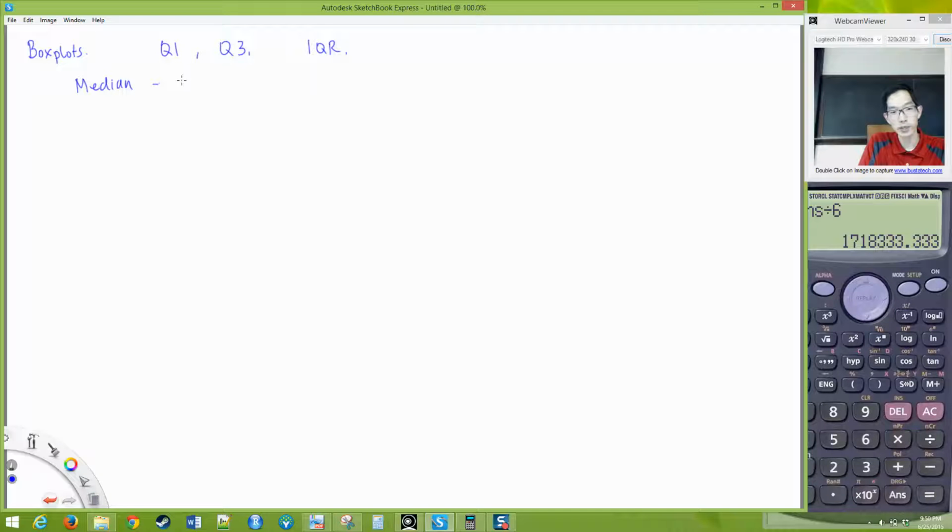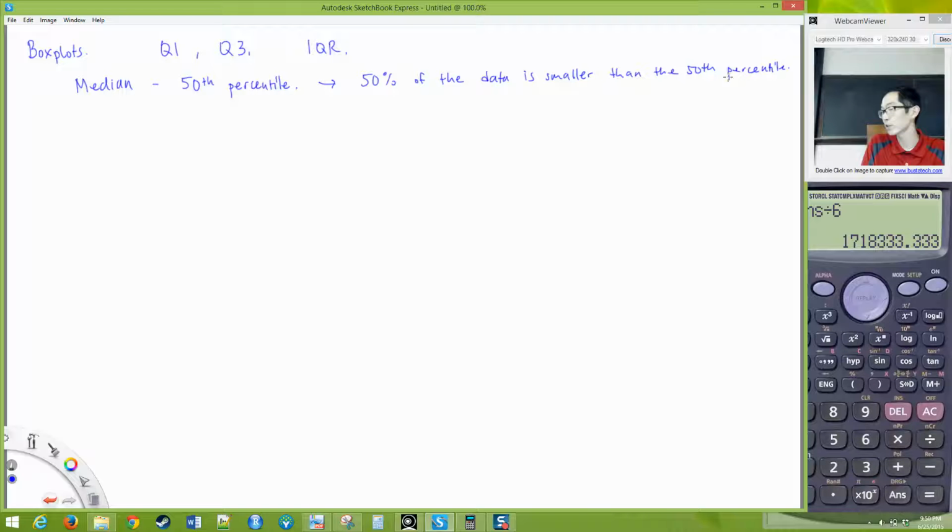So we can think of this as the 50th percentile. Anytime you have a percentile, when I say 50th percentile, the translation is that 50% of the data is smaller than the 50th percentile. So whatever number I stick in for percentile, that is the percentage of data that's smaller than that.